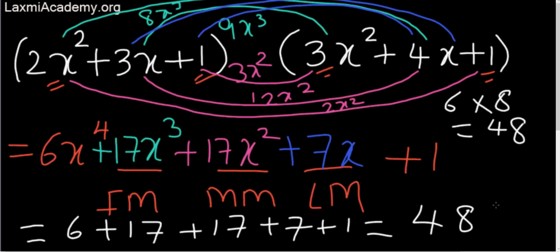So the answer is correct. To tell you briefly, multiply trinomial with the trinomial. You take the first term of the first trinomial and the first term of the second trinomial, and that's how you get the first term. Last term, you take the last term with the last term.